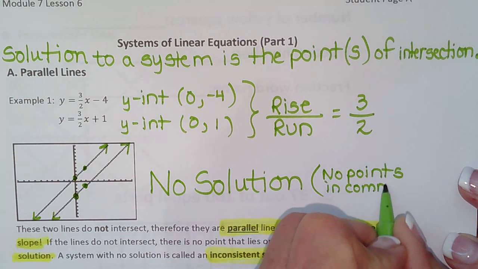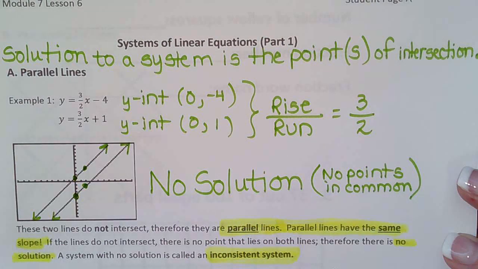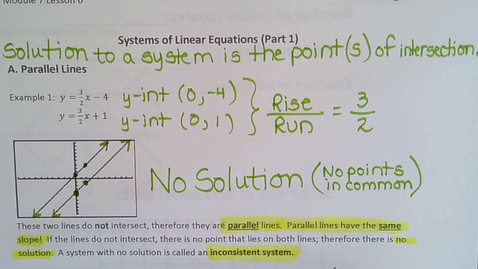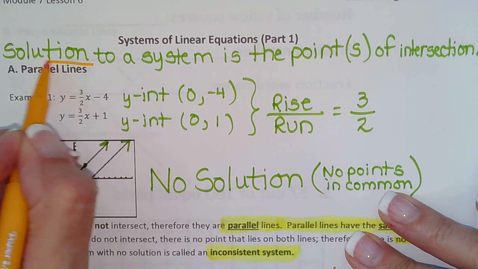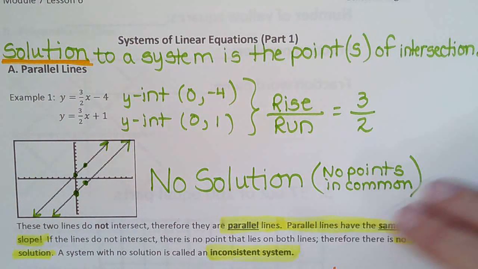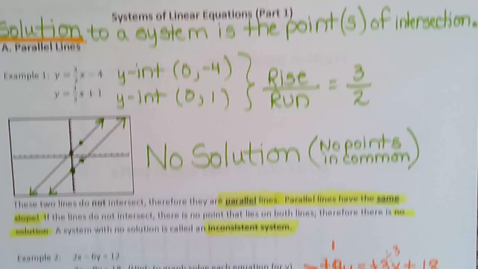Because it's the points that they have in common or the points where the lines intersect that are the solutions. So that's a pretty big vocabulary word because you need to understand that in order to understand what it means to solve a system. So you're looking for the point of intersection. When there are no points, we write no solution.